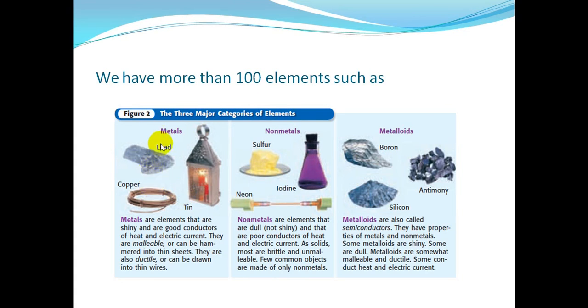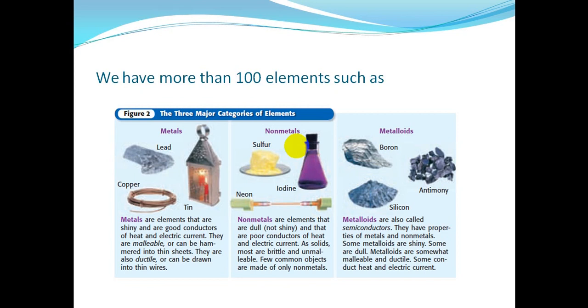As we know, metals are shiny, they conduct heat, they conduct electricity, they are malleable, they easily bend. Non-metals are the opposite, like sulfur. We use sulfur in matchsticks and in many things. Iodine and neon are also examples of non-metals. They are not shiny, they don't conduct heat or electricity, they are brittle. Brittle means if you press on them, they easily break down into smaller flakes or pieces.